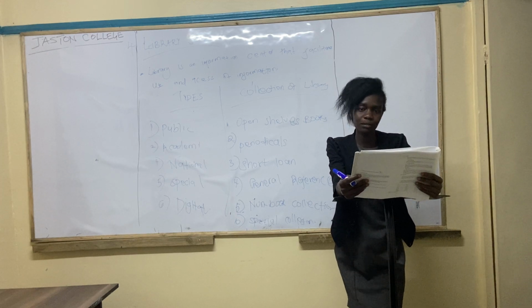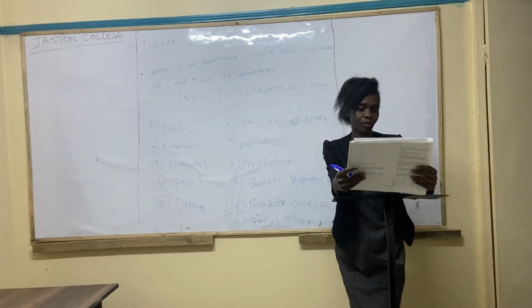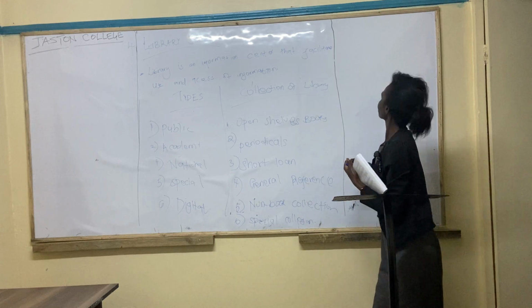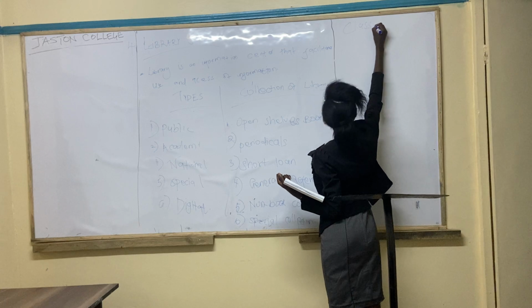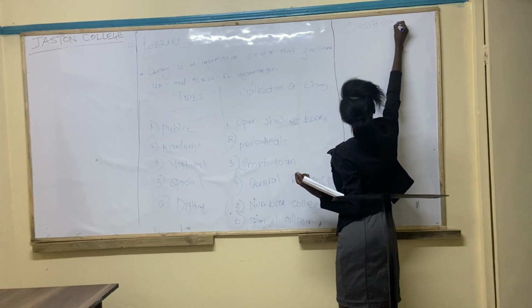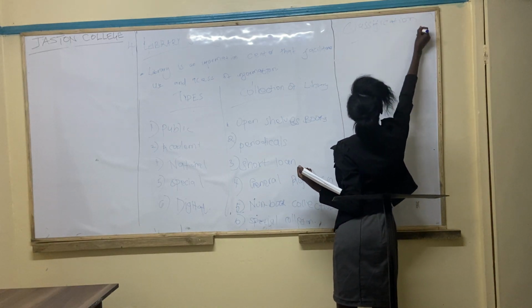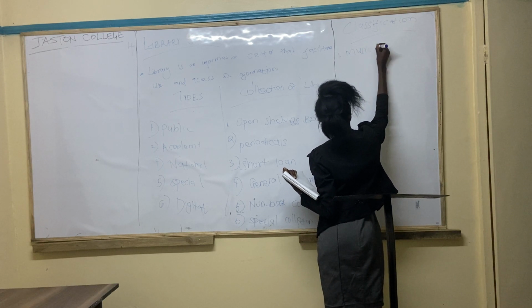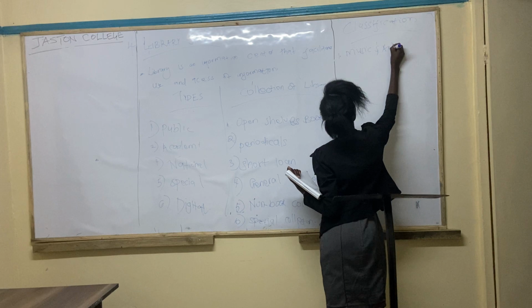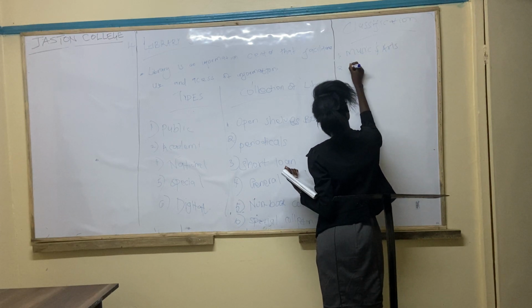Also in classification, we have how books are classified. We have music books, music and arts. We have agriculture.